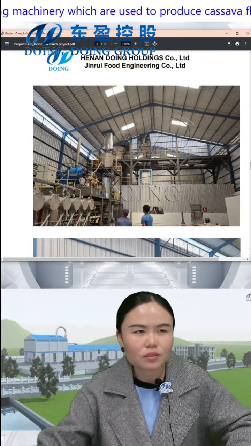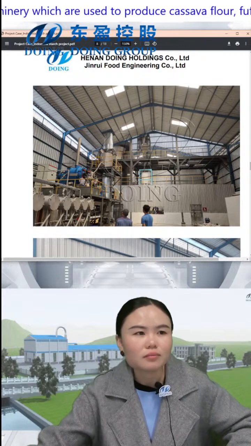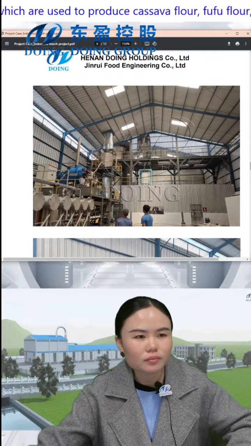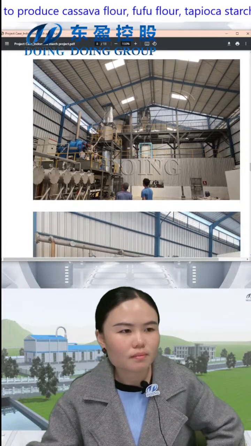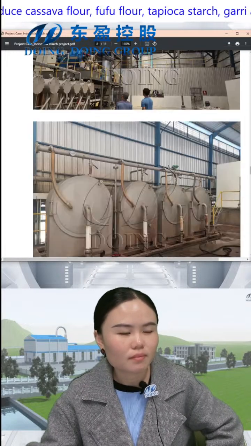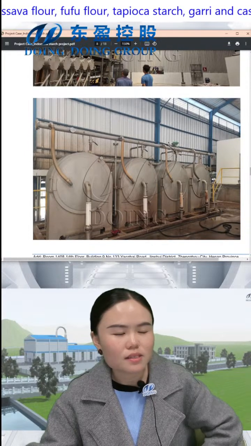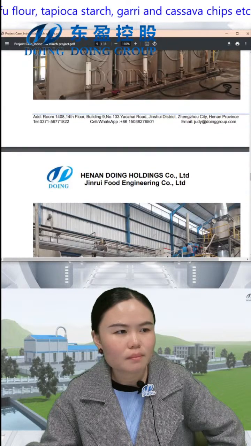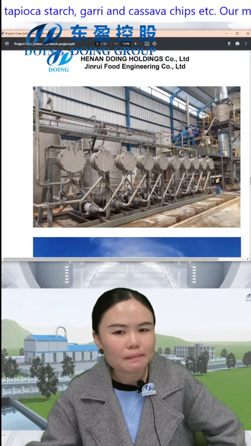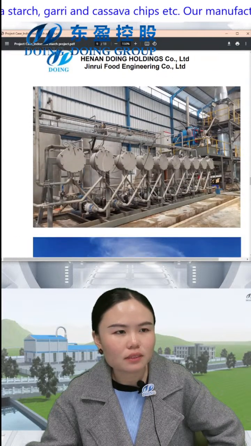This is how it looks inside. This is the centrifugal sieve. This is the hydrocyclone station.